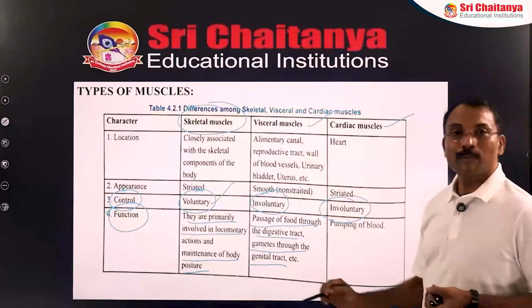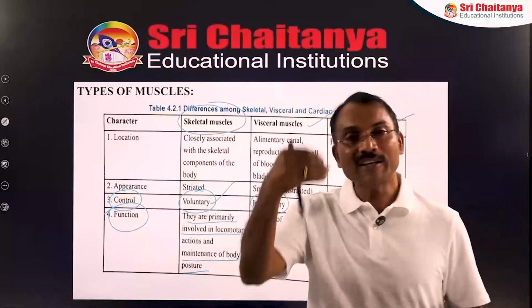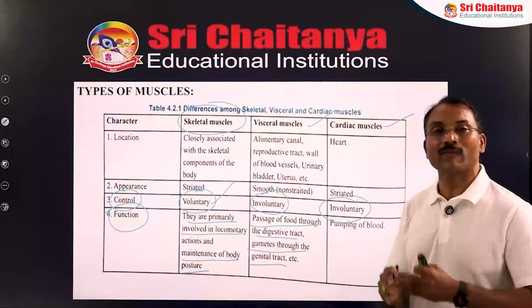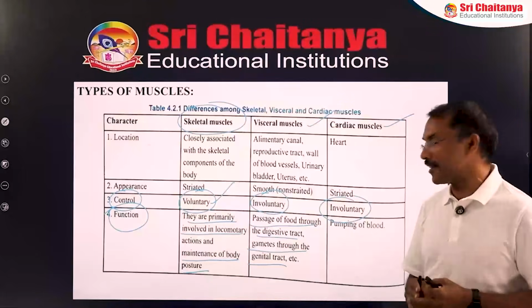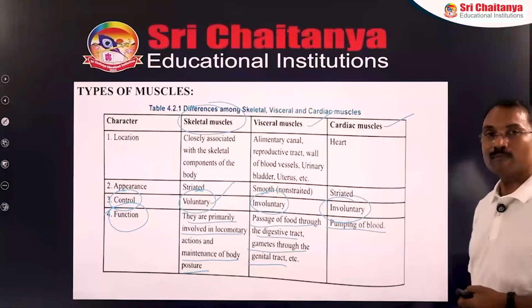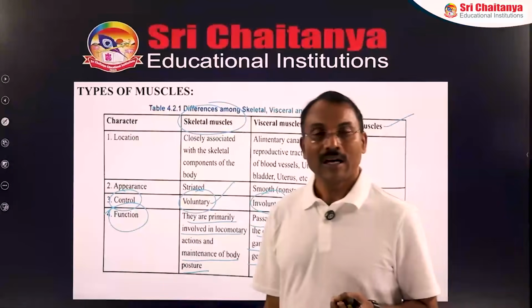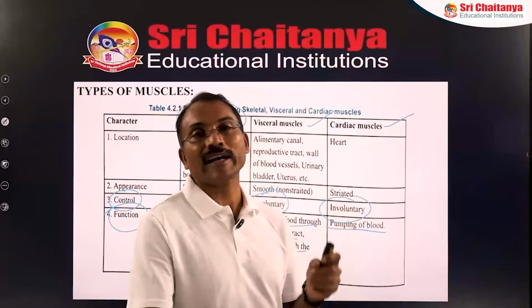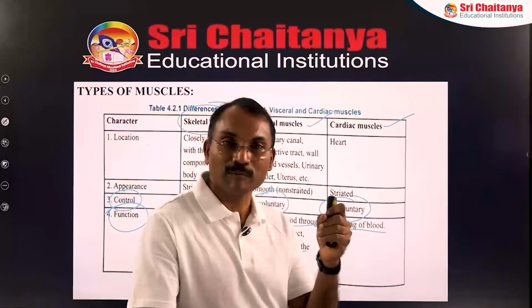Smooth muscles are present in the wall of the genital tract, so their contractions facilitate movement of gametes through it. Cardiac muscles are responsible for pumping of blood by the heart. As cardiac muscles are present in the wall of the heart, their contractions facilitate pumping of blood.